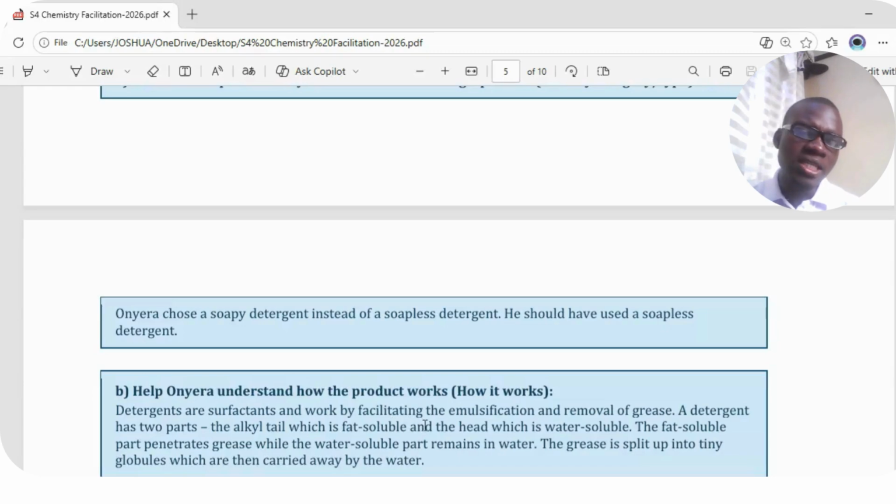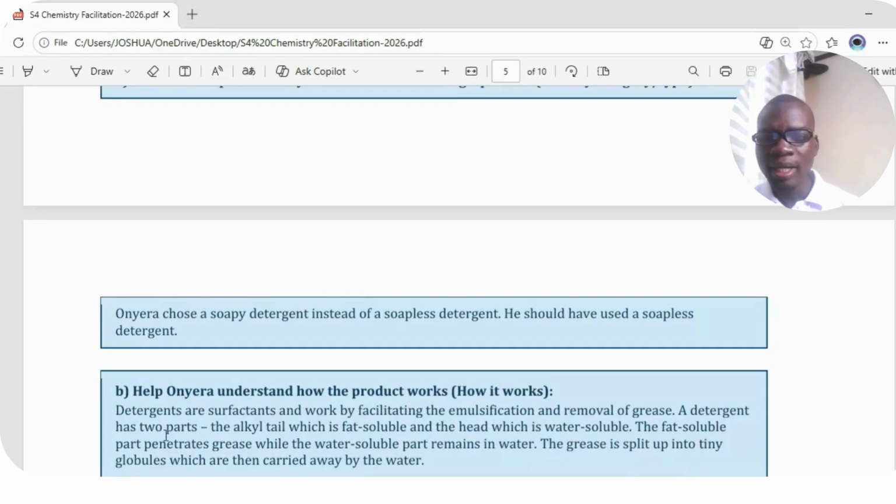Then part B, which is under the assessment area suitability, they said help Onyera understand how the product works. Here, go on and tell us how the product works: the cleansing action of soap. So, tell us detergents are surfactants and work by facilitating the emulsification, the removal of grease. A detergent has two parts: the alkyl tail, which is fat soluble, and the head, which is water soluble.